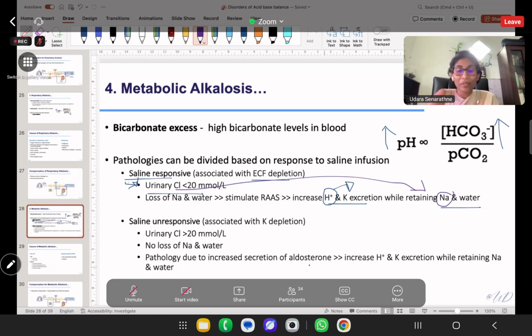Therefore, the reason is not keeping sodium and water and excreting potassium and H+, and sodium and water are excreted in the normal way. Therefore, your urinary chloride would be higher than in cases where it is saline responsive.